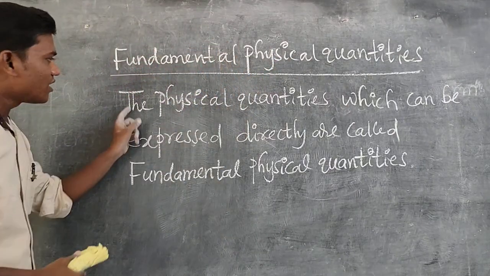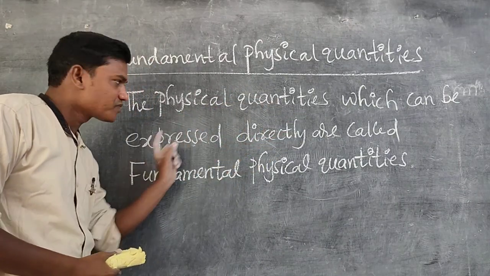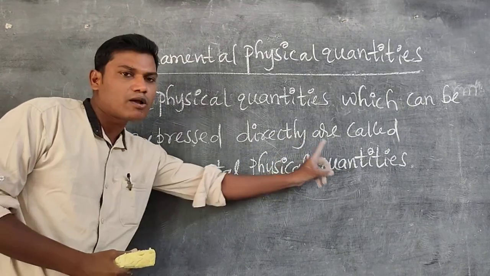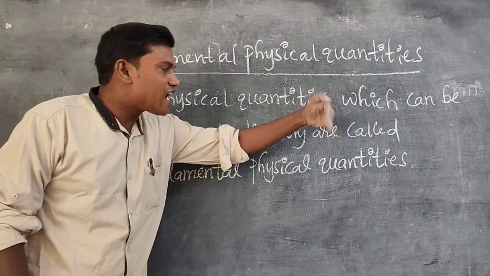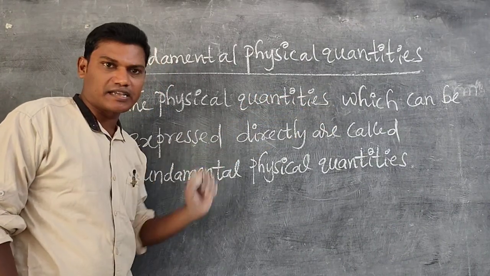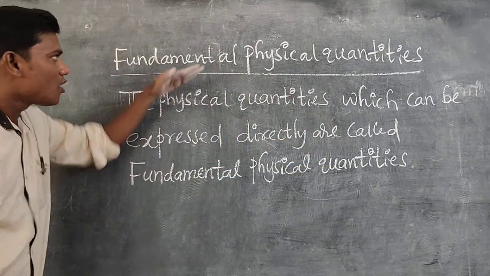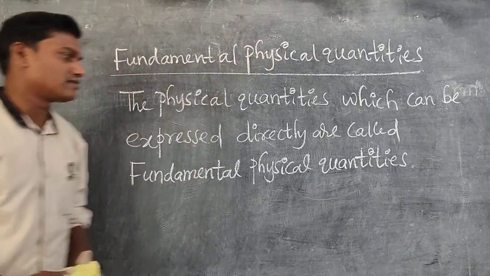The physical quantities which can be expressed directly are called fundamental physical quantities. Once again listen, the physical quantities which can be expressed directly or independently, those physical quantities we call fundamental physical quantities.